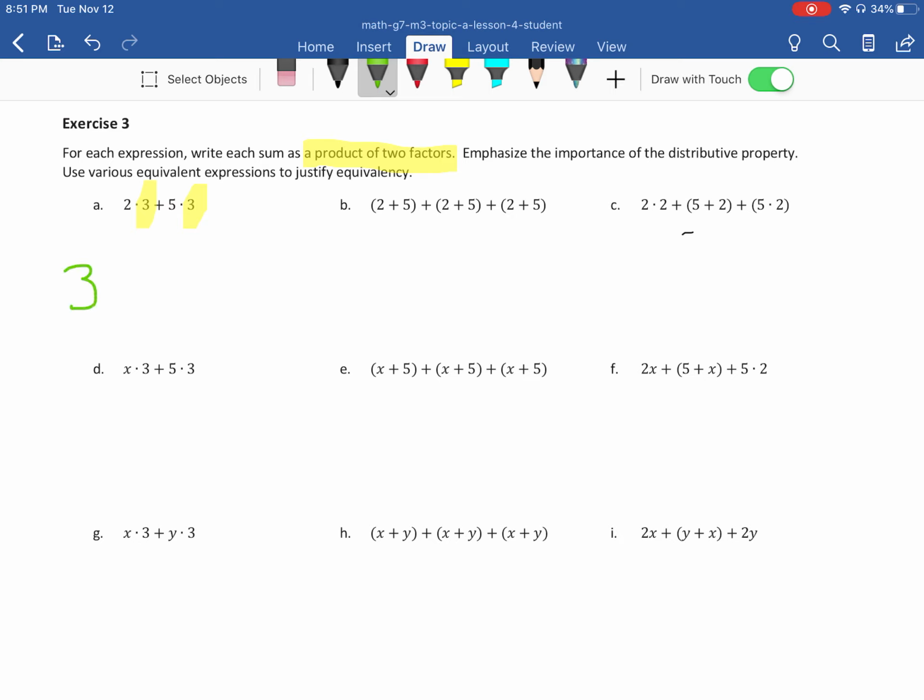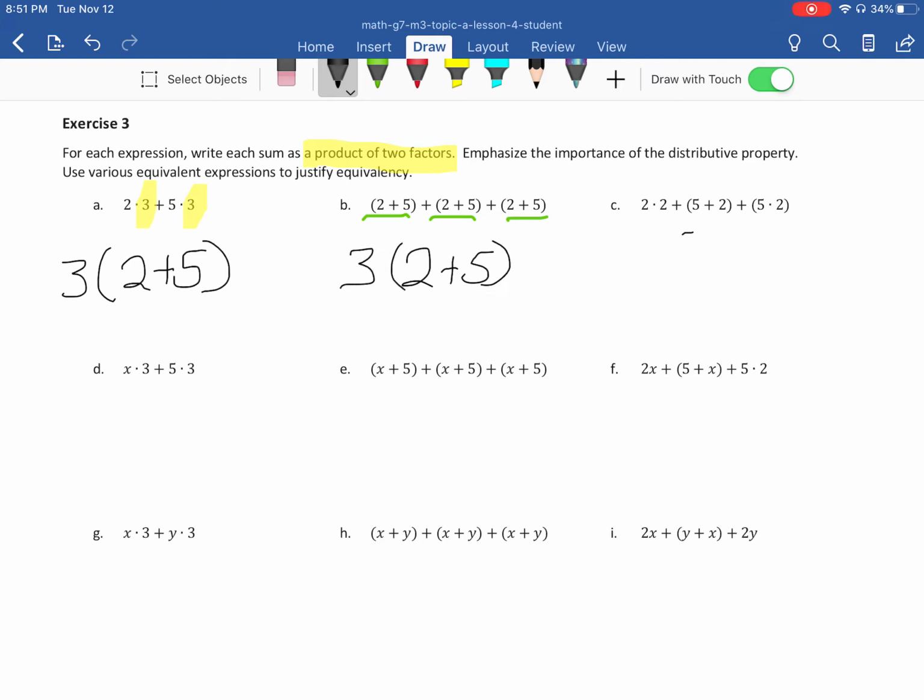Take that 3 out, and what am I left with? 2 plus 5. Now I have 1, 2, 3 of the same thing, so I can write the 2 plus 5 once and say I have 3 groups of those.